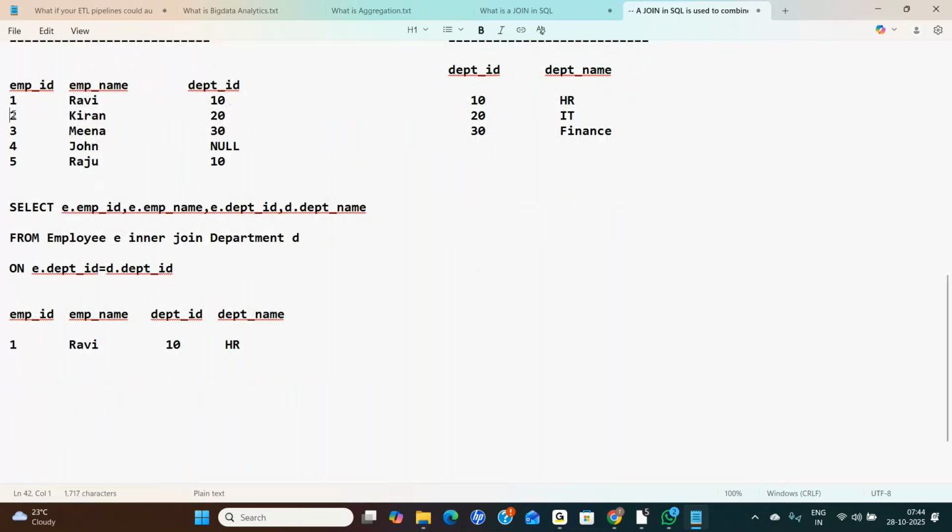Next, 20. Does 20 have any equivalent match in the right table? Yes, IT. Since 20 and 20 match, the corresponding value is returned as IT.